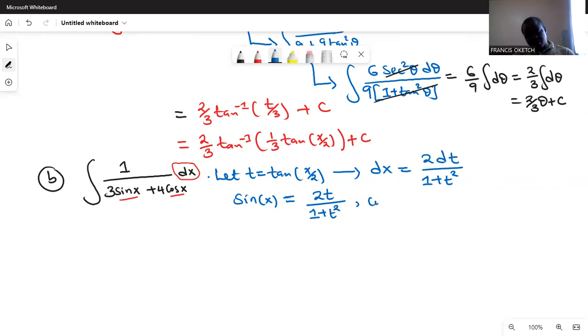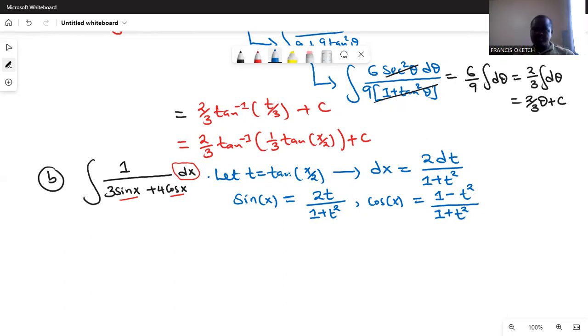And where there is cos x, you need to write 1 minus t squared over 1 plus t squared. So you need to make those substitutions and then simplify, and check whether you are able to integrate the corresponding integrand that is a function of t.